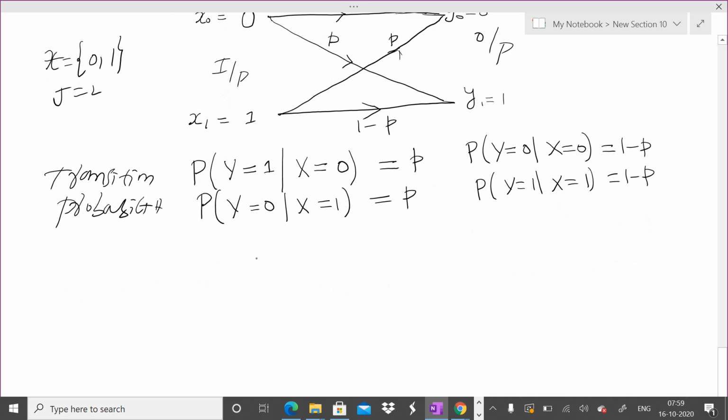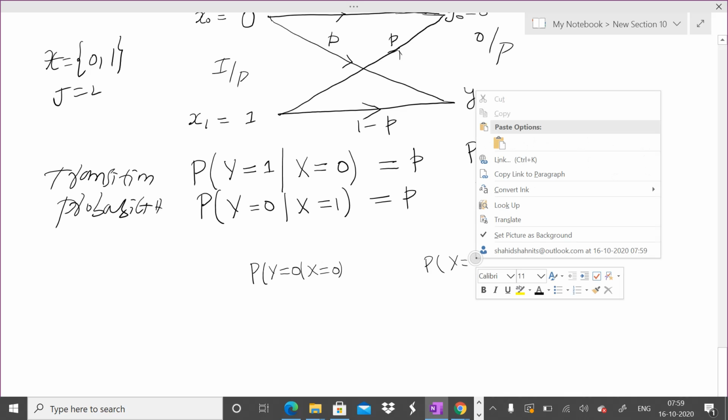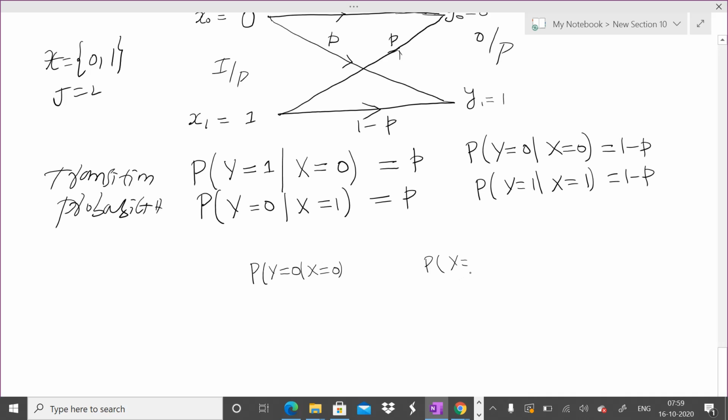Now we can arrange it in matrix form. So we can write first probability y is equal to 0 given x equal to 0, probability y is equal to 0 given x equal to 1, probability y equal to 1 given x equal to 0, probability y equal to 1 given x equal to 1.